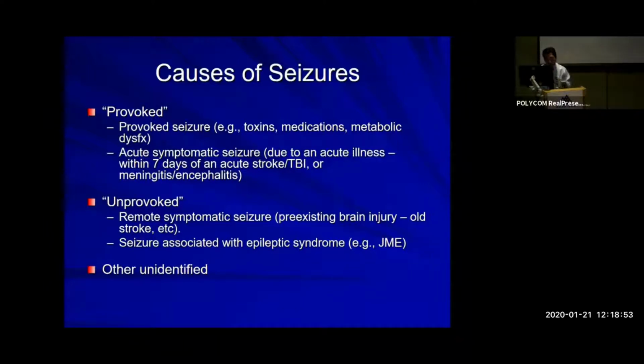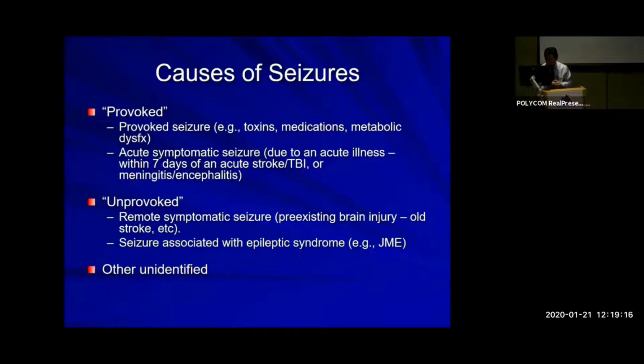You can still have risk factors, but it's not an acute trigger. It used to be called remote symptomatic seizures. For example, somebody might have had an old stroke 5 years ago, and now she starts having seizures. Obviously, the stroke is the cause for this person's recurrent seizures, but it's not an acute precipitant for every single seizure.